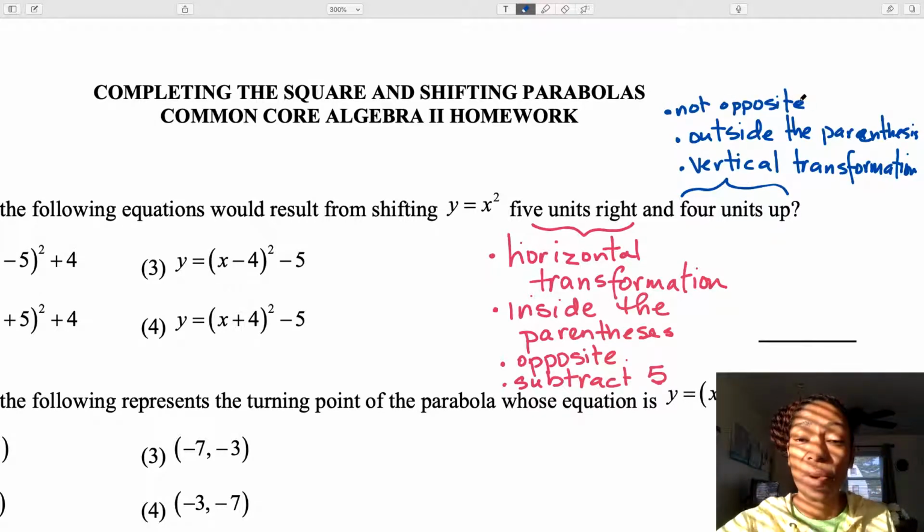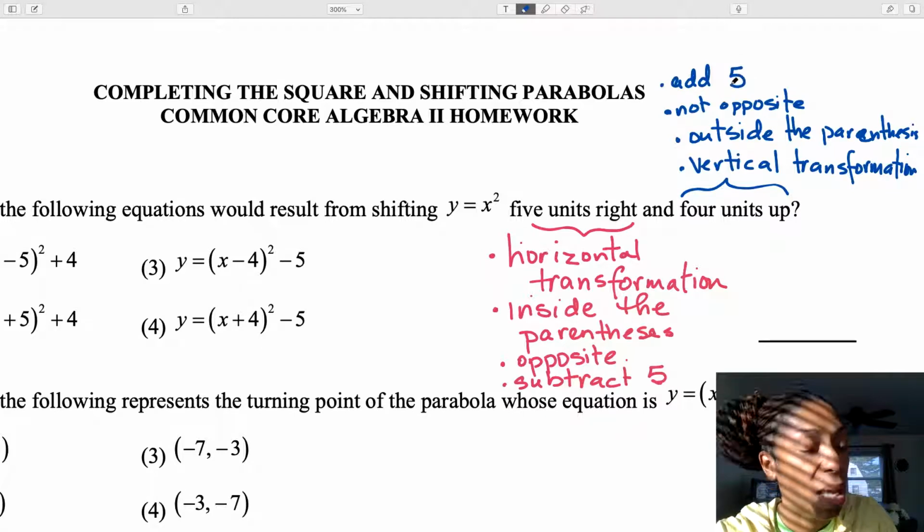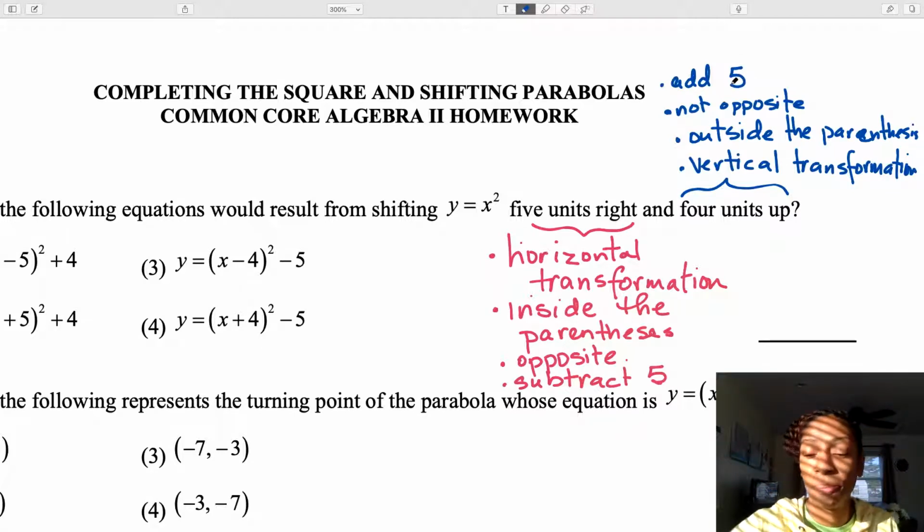It's outside the parentheses because we are affecting the y values. The y values are the solutions. So we are affecting the entire answer. So if you want to shift the y values or the entire answer up 5 units, you would add 5 outside the parentheses.